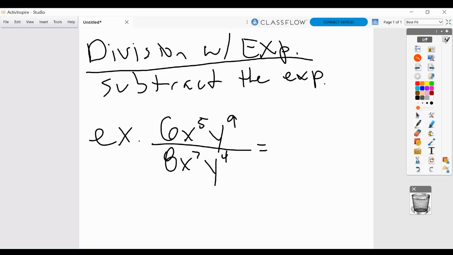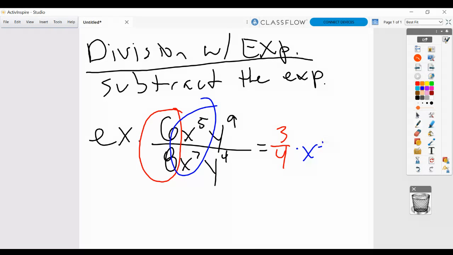And what you want to do here is split these up into 3 different groups. So we've got 6 over 8, which you can reduce to 3 over 4. And then we have x to the 5th over x to the 7th. 5 minus 7 is a negative 2, so we have basically x to the negative 2.